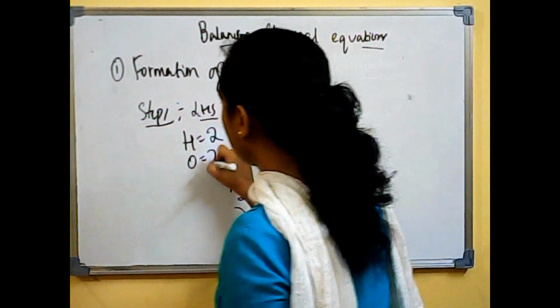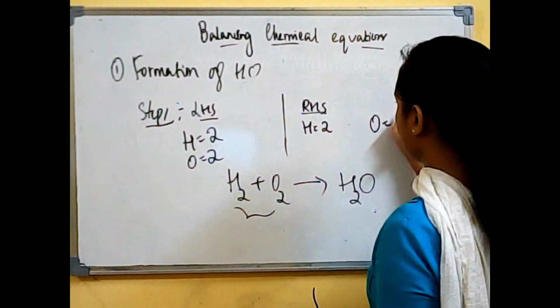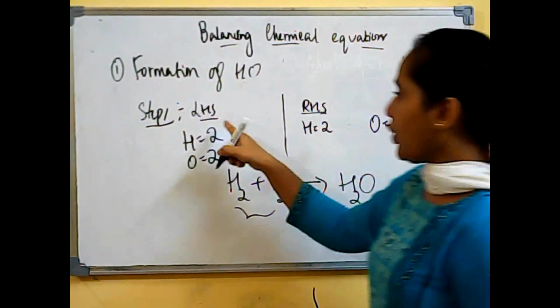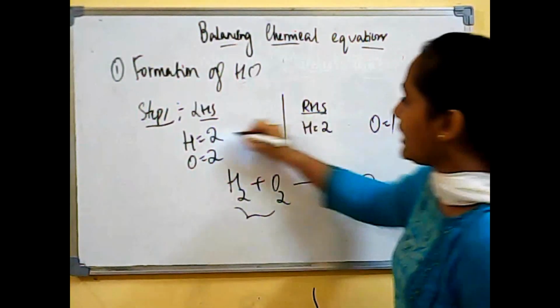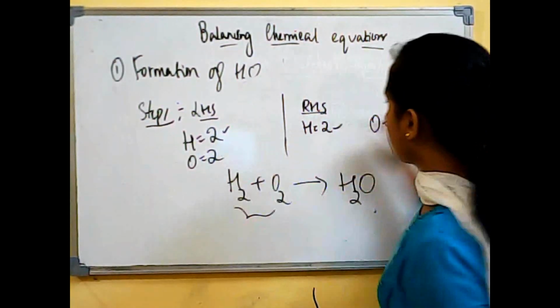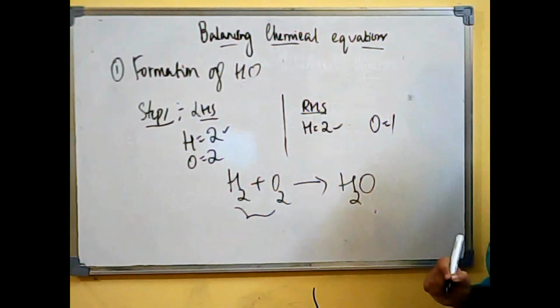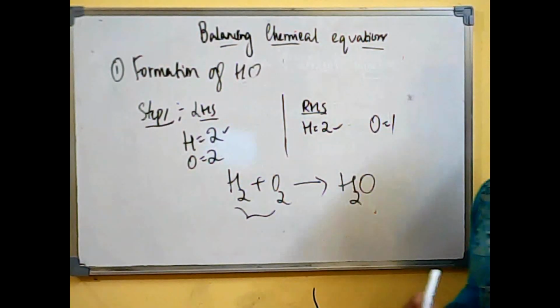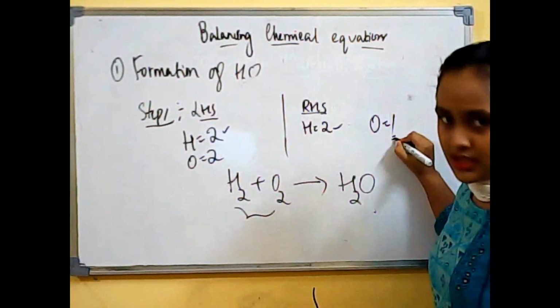Oxygen has 2 atoms. Here it is only 1 atom. So oxygen is 1. Now if you observe the LHS and the RHS, hydrogen seems to be balanced, whereas oxygen is not. It is 2 here and 1 here. So we have to balance the oxygen atom on the RHS.